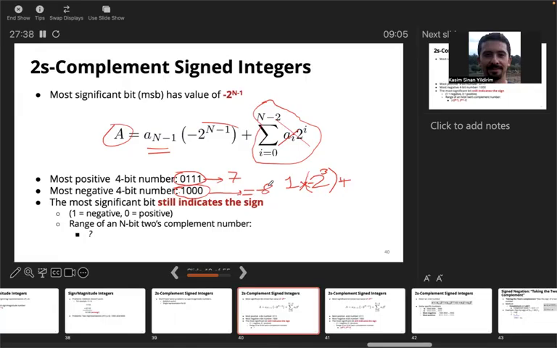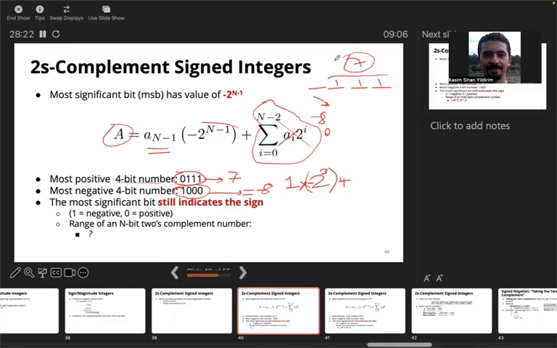If I have 4 bits as in this example, this bit, if it is 1, adds minus 8 to the number. If it is 0, it doesn't add anything. And all the rest of the bits add up to the positive magnitude of the number. So if that bit is 0, 0. If it is 1, minus 8. The largest number I can represent here, if it is 1, 1, 1, the maximum magnitude I will obtain is 7.